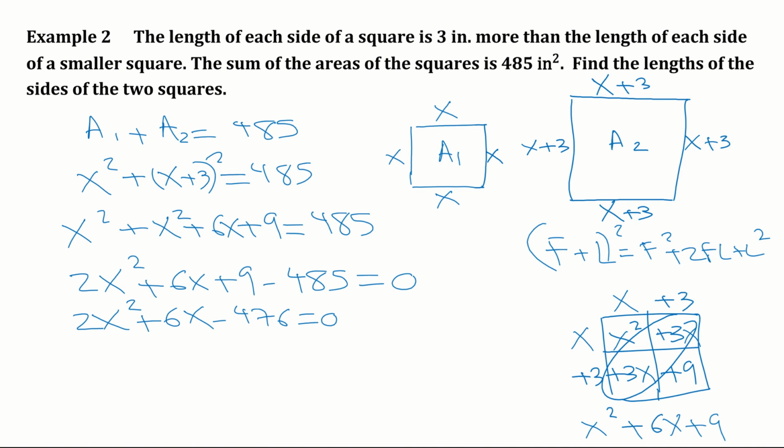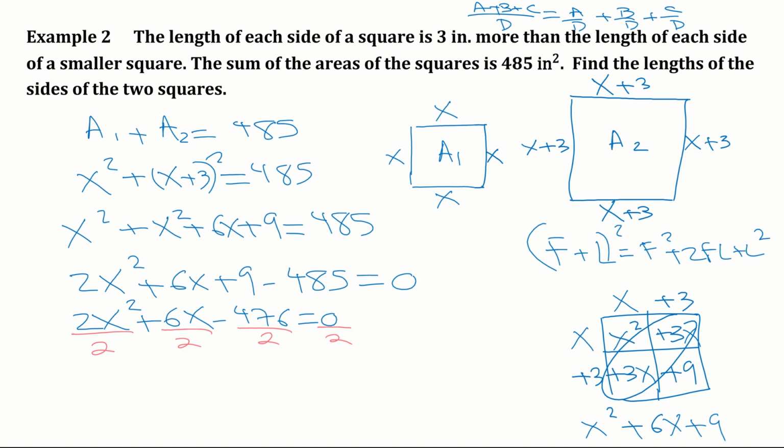equals 0. Now I could try to factor it as is, but again, I notice there's a common factor of 2, which I can divide off. So that's what we'll do. We'll divide both sides by 2. On the left side, that division splits up like that, so we end up with, remember the reason for that is of course that if you have a plus b plus c over d, that's going to be a over d plus b over d plus c over d, etc., right?